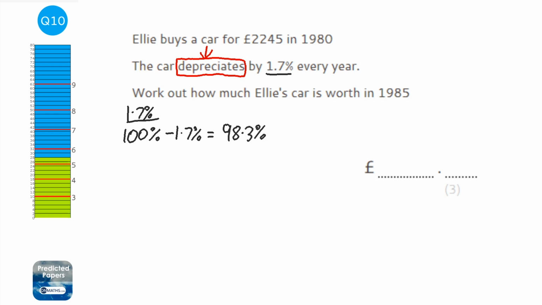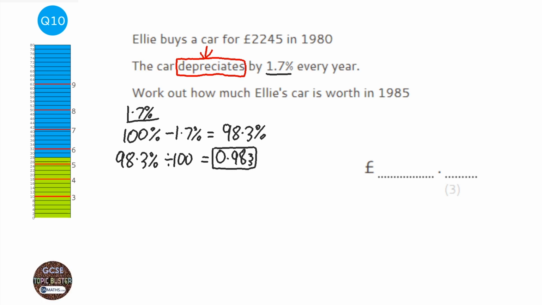Then you want to work it out as a multiplier. So you just divide it by 100. And multiplier is a posh way of saying decimal. So 0.983. Now, anytime I times something by 0.983, it will decrease it by 1.7%.